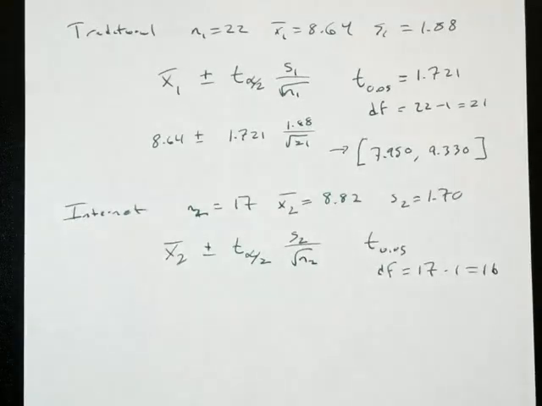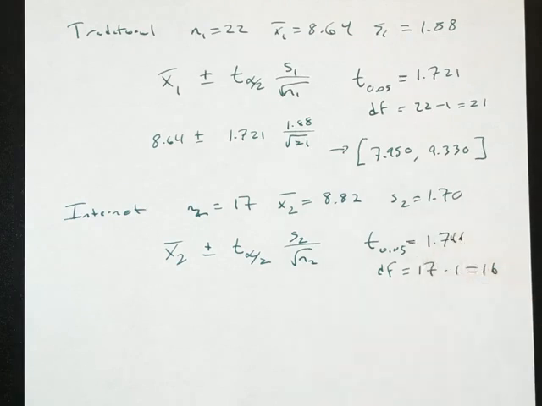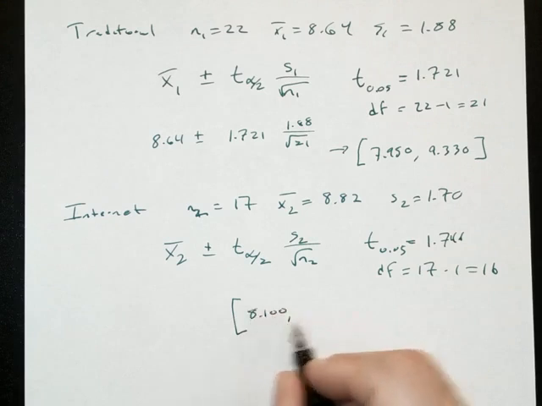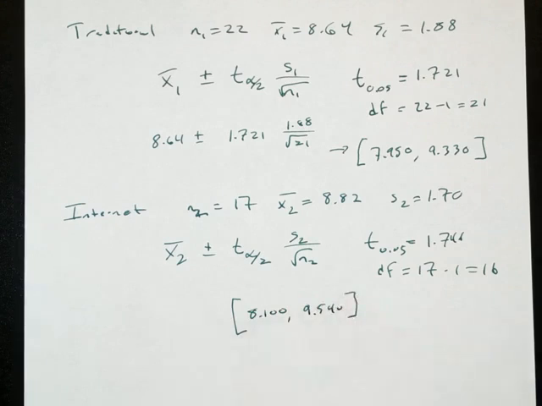What's my t-value? Now again, if I do the same calculation, I get this interval. What do you notice about the two different intervals I have?